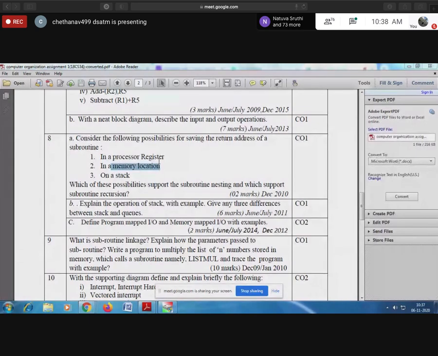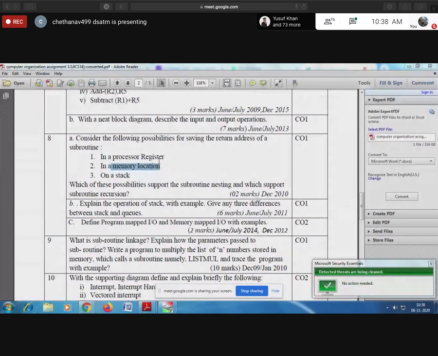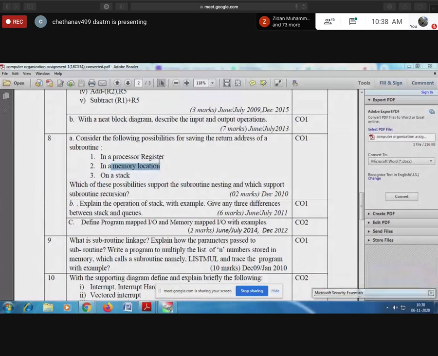With the help of registers and memory locations, you are able to store your recursion data and your nesting data. You can use memory and processor registers also, but maximum we require stack. Stack is the best for both subroutine nesting and subroutine recursion.